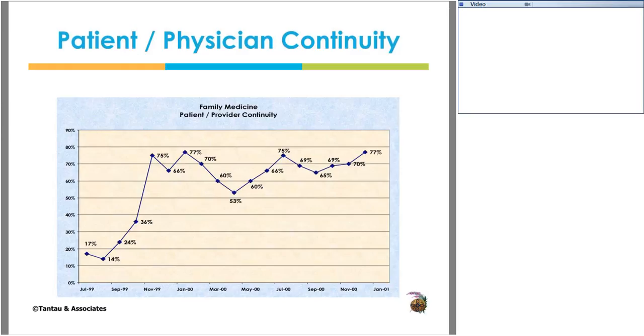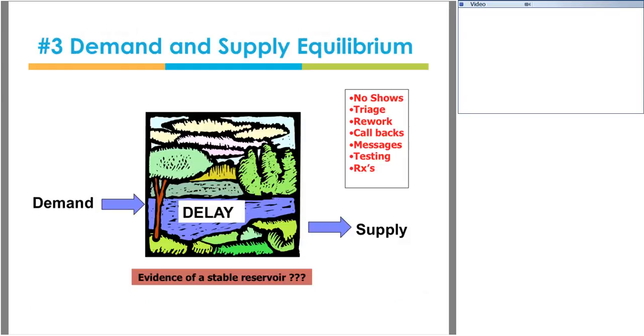Very dramatic. So patients are consistently seeing their PCP, and I know we talked a little bit about that last week, it quiets down demand when we consistently match patients with their PCP.